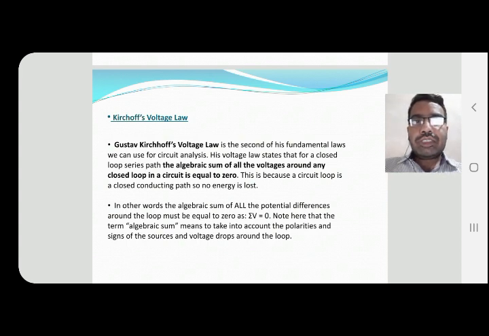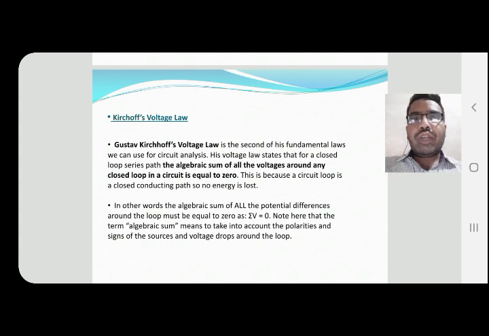His voltage law states that for a closed loop series path, the algebraic sum of all the voltages around any closed loop in a circuit is equal to 0. This is because a circuit loop is a closed conducting path, so no energy is lost.